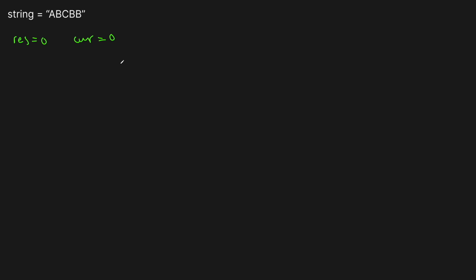Because there can be duplicates in a string, this poses a bit of a problem for us because we don't want to be double counting things. Like in this string, we cannot form the substring ABCB, because then we'll have two B's and that's no longer unique. So when we see that second B, we have to be careful not to double count.